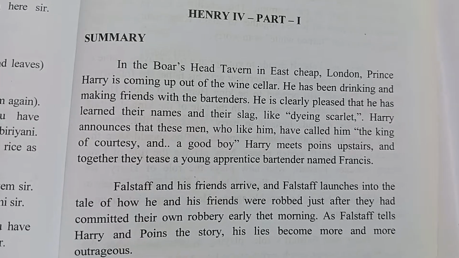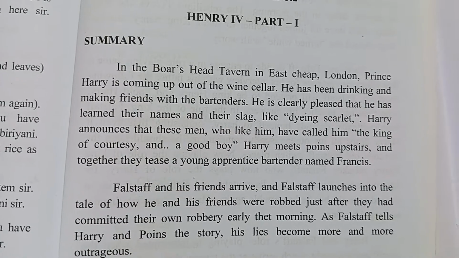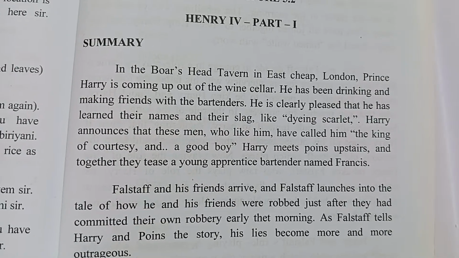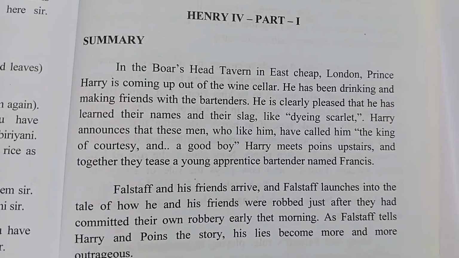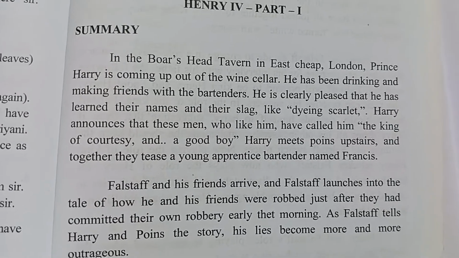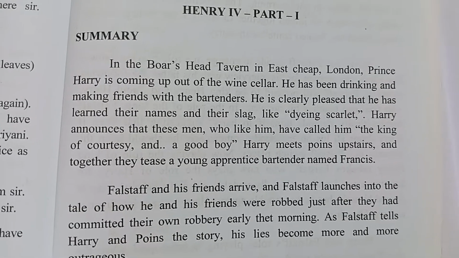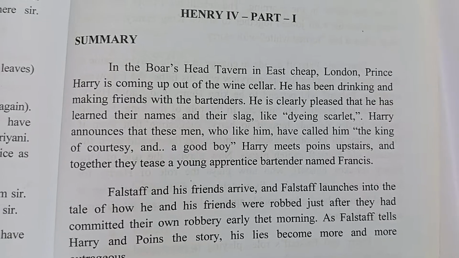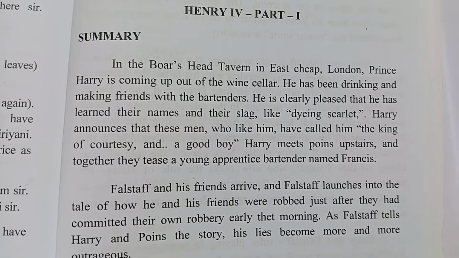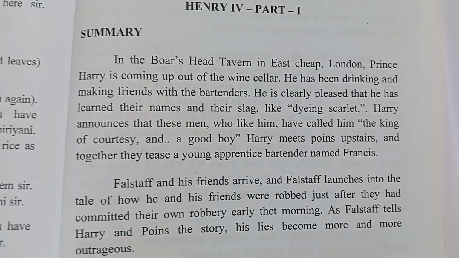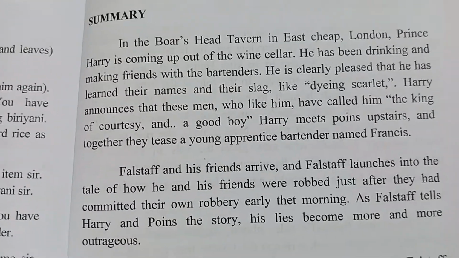Harry meets Poins upstairs, and together they tease a young apprentice bartender named Francis. So you can see the introduction, how Harry, that is our prince, is making merry with the friends around, fully drunk.